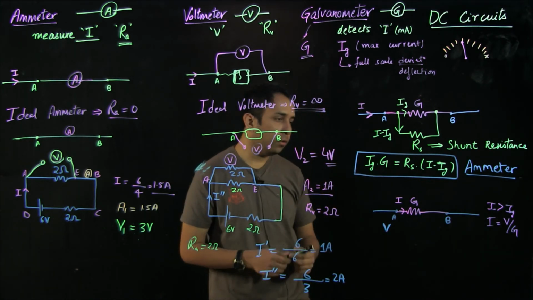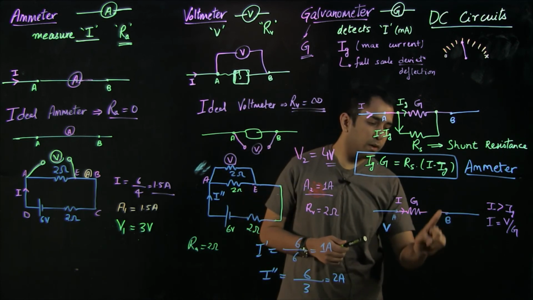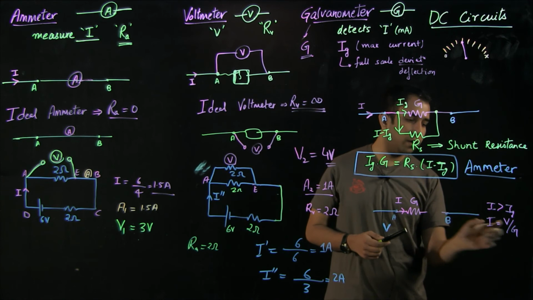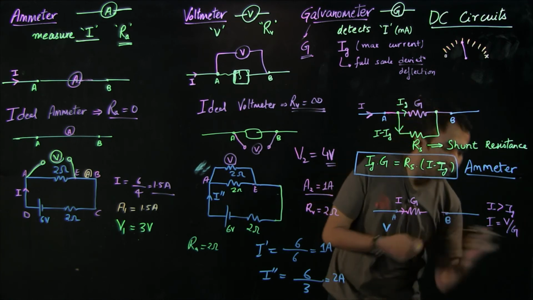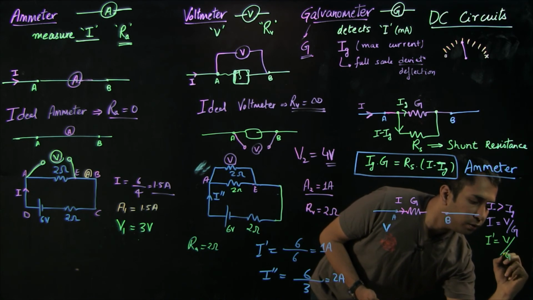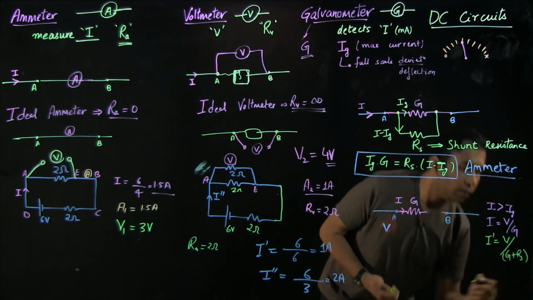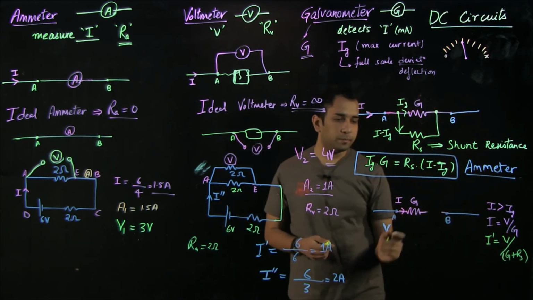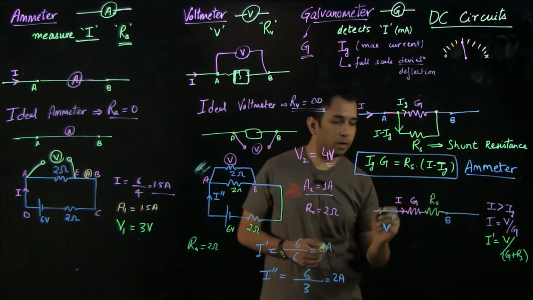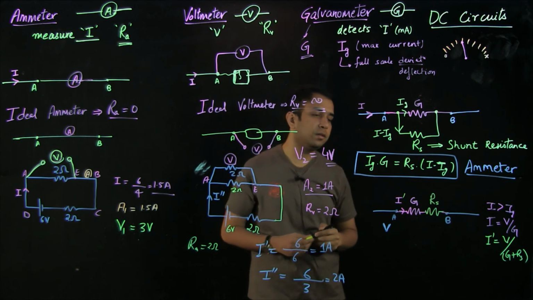So what we'll do is introduce another resistance, so that this resistance, when in series with the galvanometer, comes into this equation, and the new I dash would be V upon (G plus Rs). So it would decrease this I dash, and this I will become I dash.